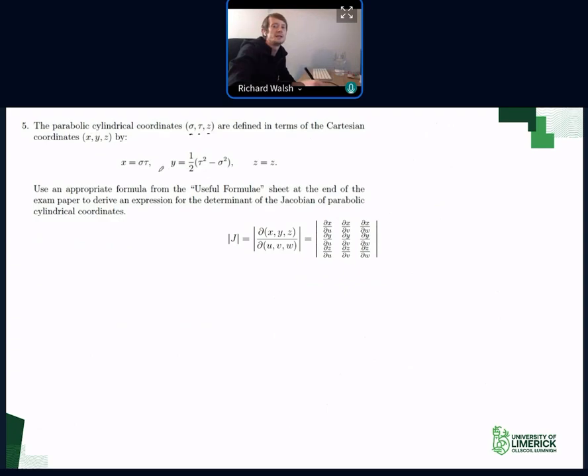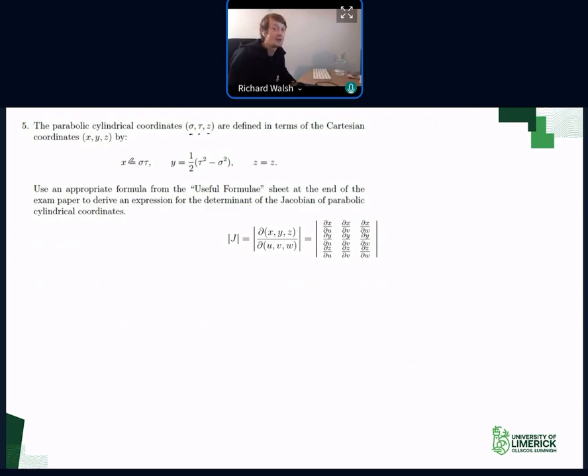They are defined in terms of the Cartesian coordinates, x, y, z, by the following. So we're given 3 different things. As I said, z tends not to change. Use an appropriate formula from the useful formula sheet, which I've screenshotted in, to derive an expression for the determinant of the Jacobian of parabolic cylindrical coordinates.